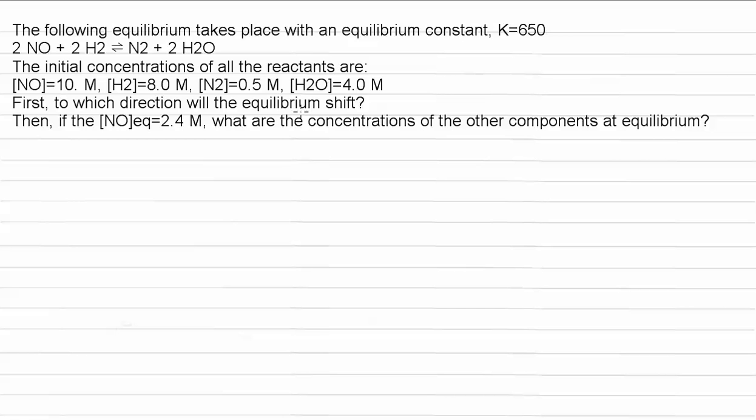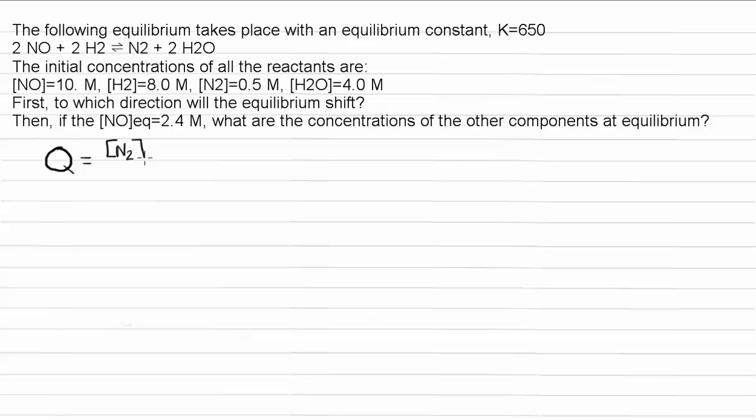So we need to solve for Q. Q is an expression in which at equilibrium Q equals K. So the Q expression is taken at any point in time with the given values of the concentration of the components. So the Q value for this is going to be the concentration of nitrogen, products over reactants to their orders.